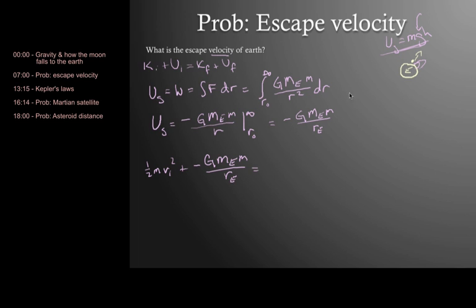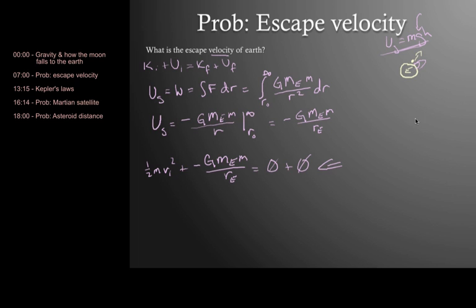And this is going to be equal to, if we just want to get out of the Earth's gravitational field, we want to get to that point with no kinetic energy left over. So that's 0. And then this final potential energy, if you plug in an infinity here, you get a 0. So that's plus 0. So this looks very strange, but you start off with both kinetic energy and gravitational potential energy. You end up with nothing.